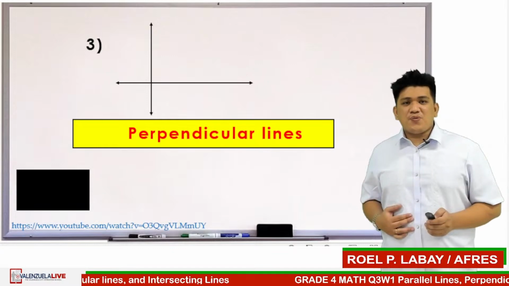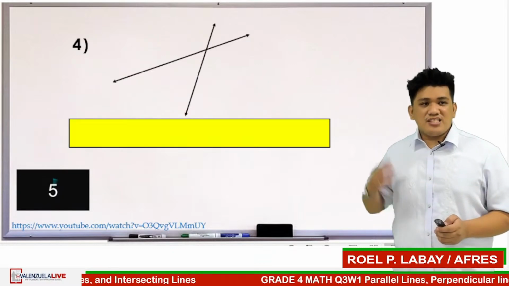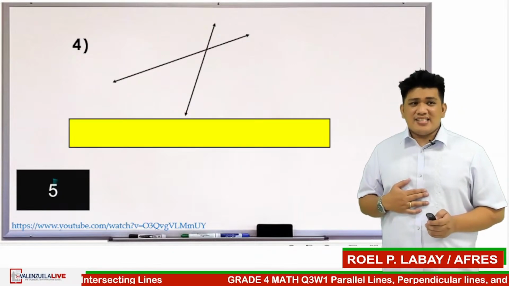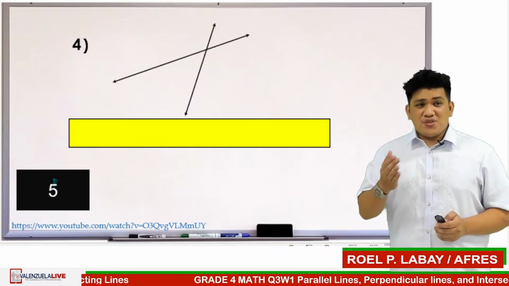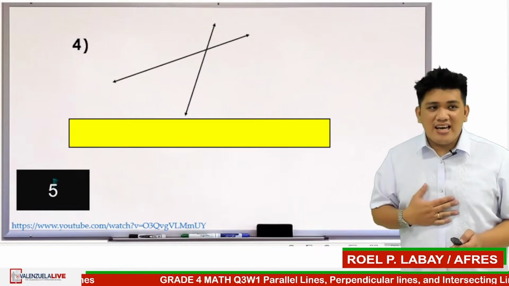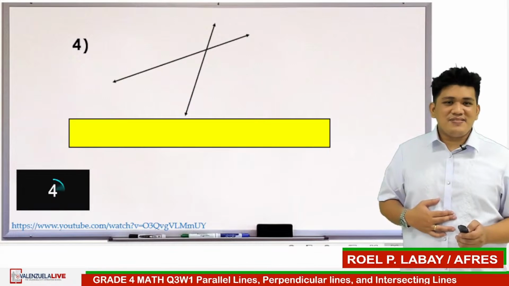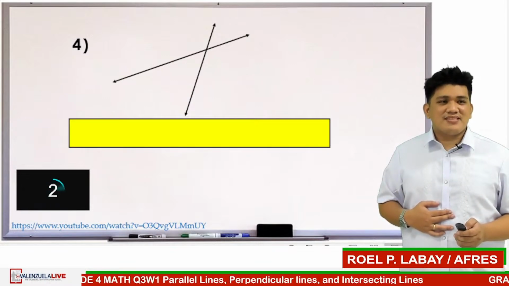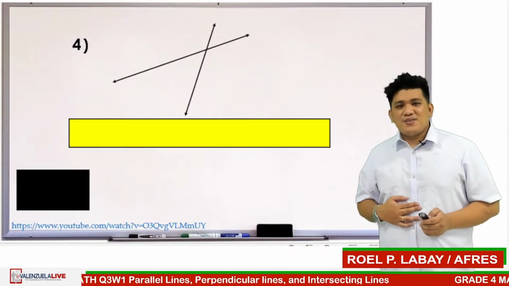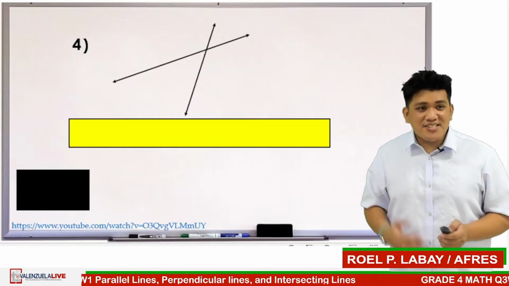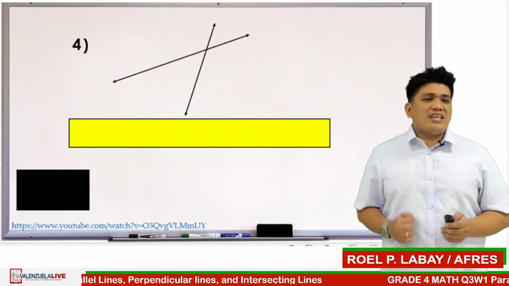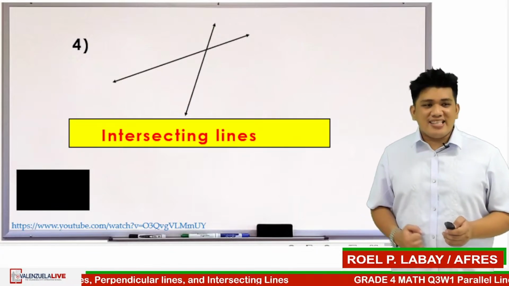How about the 4th one? We have this figure. Is this parallel lines, intersecting lines, or perpendicular lines? So your 5 seconds starts now. Okay, time's up. What's your answer? Very good. That is intersecting lines.